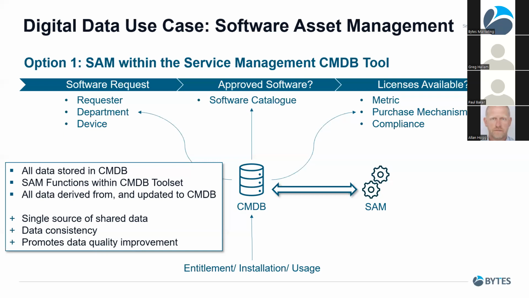So it's all in the same place. And that leads to data consistency. That means that actually everything is the same. And that really does promote data quality improvement, because if the SAM function spots that certain information is missing, then it drives the CMDB to be better populated by those service owners.